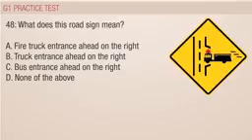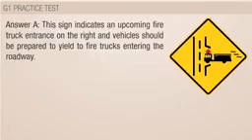What does this road sign mean? A. Fire truck entrance ahead on the right. B. Truck entrance ahead on the right. C. Bus entrance ahead on the right. D. None of the above. Answer A. The sign indicates an upcoming fire truck entrance on the right and vehicles should be prepared to yield to fire trucks entering the roadway.